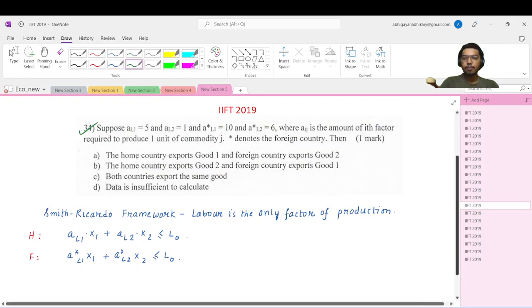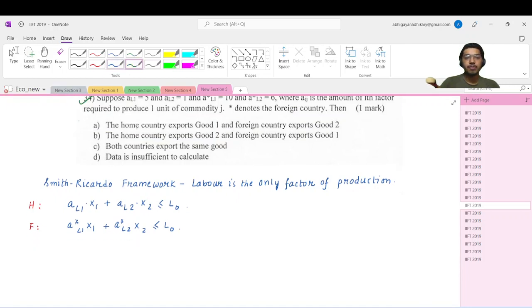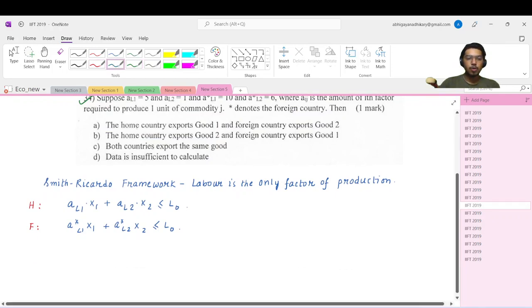So let us first compute the slope of these two production possibility frontiers with equality. Let's start with the home first. aL1 dx1 plus aL2 dx2 equals 0. So dx2 by dx1 for the home country is equal to minus aL1 divided by aL2.